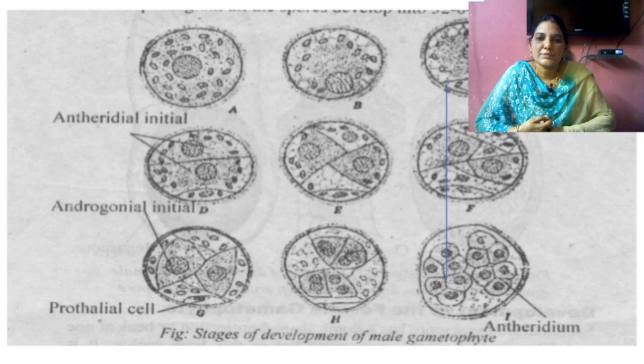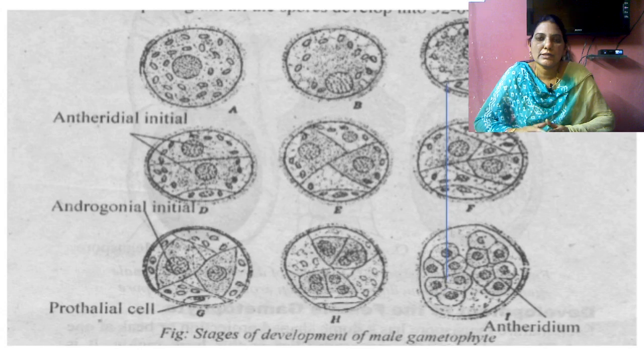forms jacket cells, in a round-shaped structure, and the 16 androgonial mother cells are separated from each other in 2 rows. So 8 cells are separated to one side, and 8 androgonial mother cells are separated to the other side.